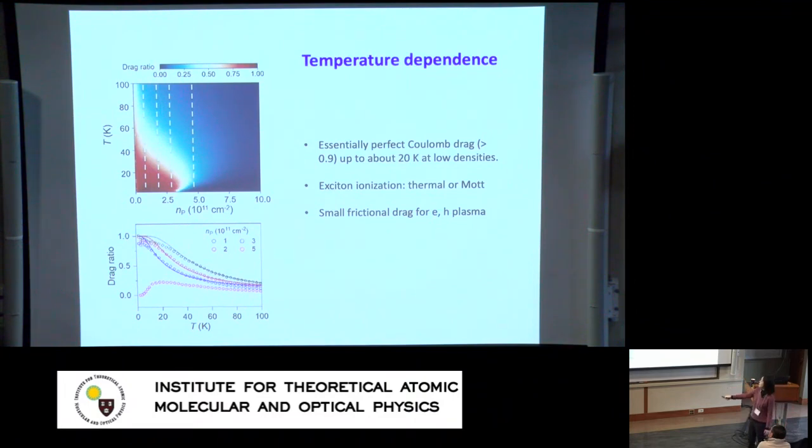And this can be very well described by the Saha equation, which just describes the equilibrium between excitons and electron-hole gas due to thermal dissociation. Then on the electron-hole plasma side, the frictional drag is relatively small.